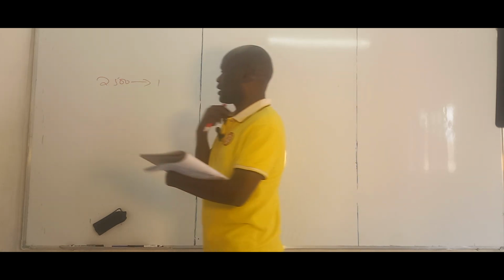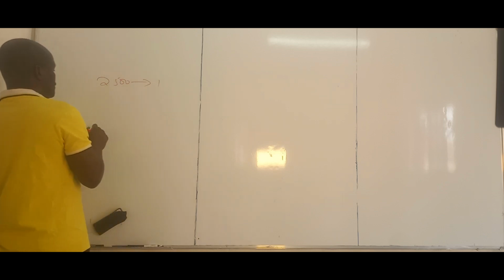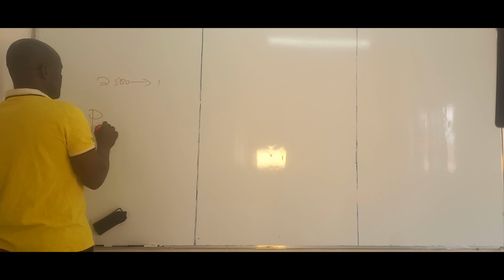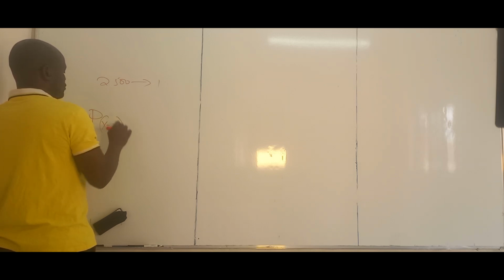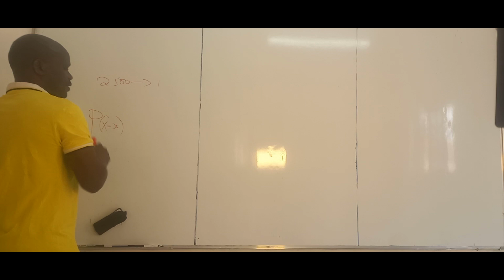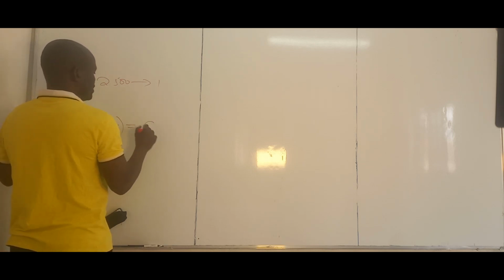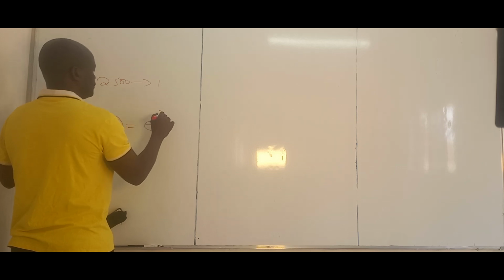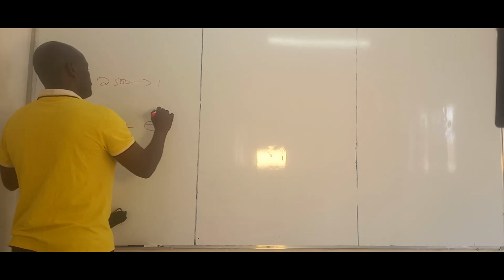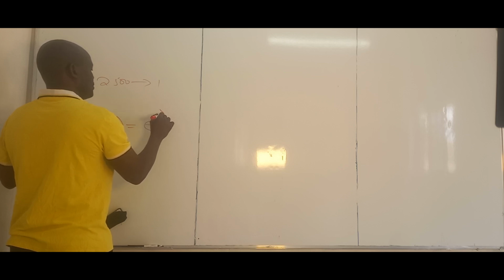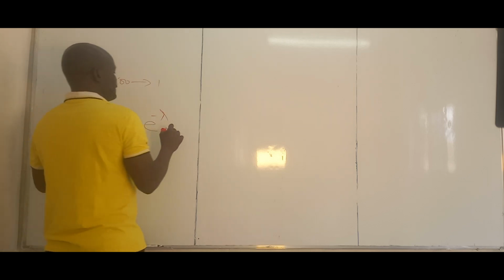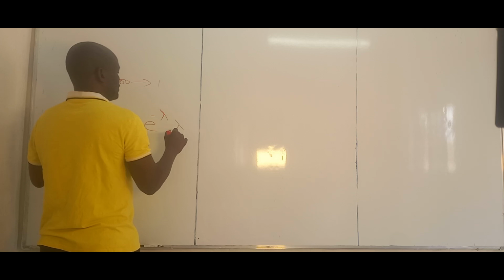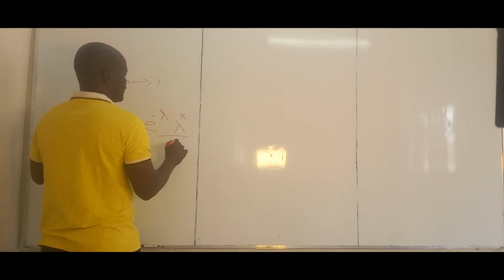So in this case, our lambda, since with the Poisson formula, if we are to get the probability that x takes a particular value, we are going to get it by this expression: e to the power minus lambda, times lambda raised to power x over x factorial.